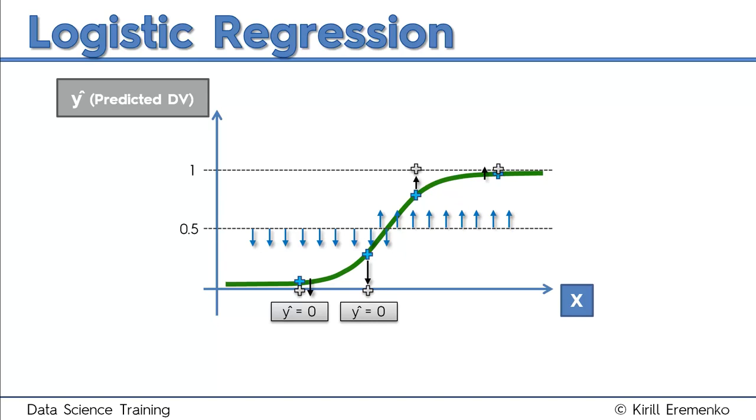Also makes sense, right? If you're predicting that somebody's probability of taking up an offer is 85%, and you have to say yes or no, then you're probably going to say yes. You're going to say this person will take up the offer if you have to choose one of the two. So those are our predicted y hat values. In this case, they're both 1.